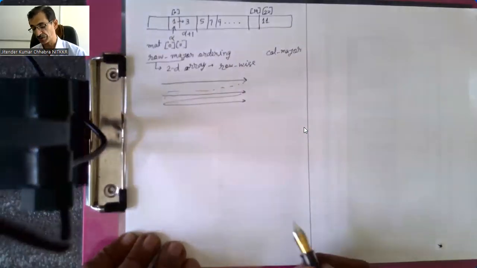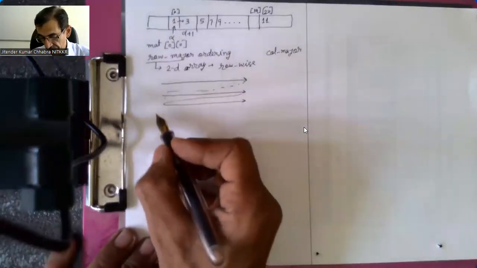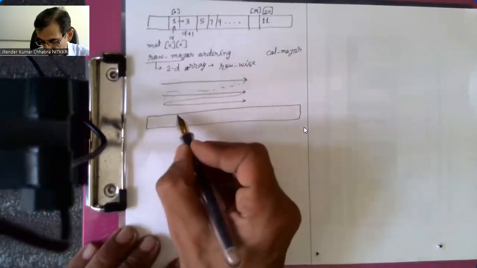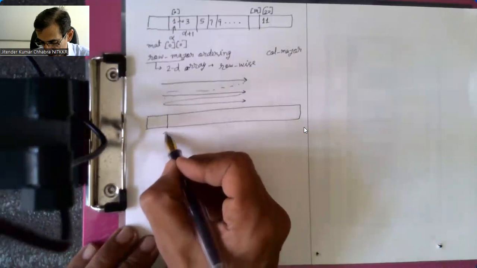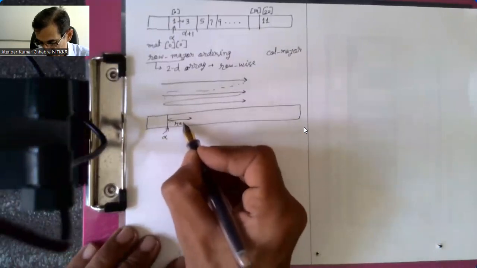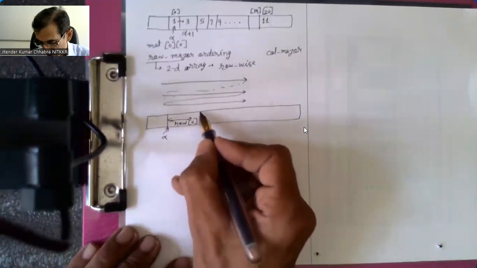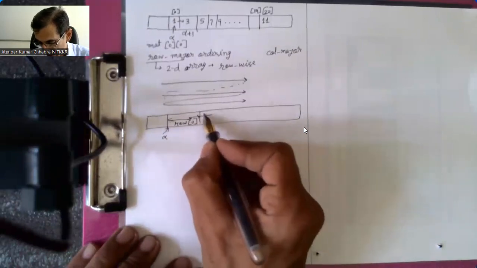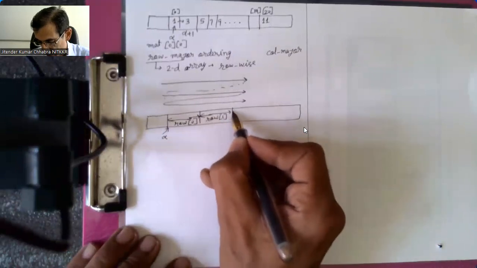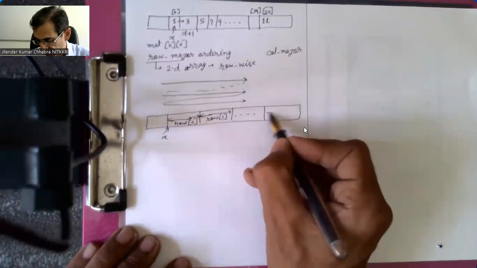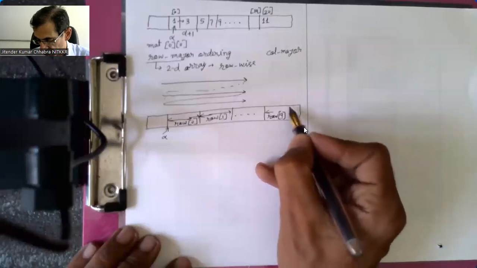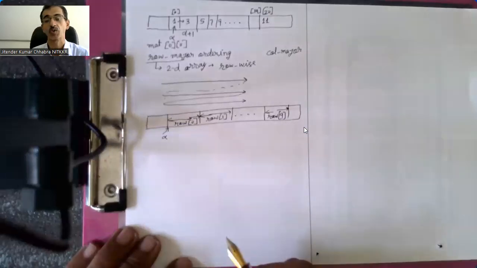Consecutive, contiguous memory. So effectively, row major ordering means if you have some starting address alpha, row number 0 will be fully stored first. Immediately after that, row 1 will be stored, and so on, and finally row 9. You had 10 rows, so this will be the storage.